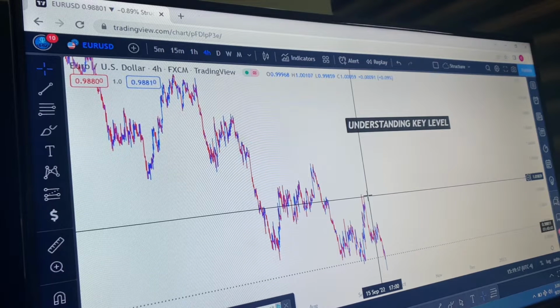I explained market structure the last time, how the markets move. It's still the continuation of it right now. Just like I've told you guys before, all I do in the market is market structure, how the markets move. Then all I do is go ahead with the market, and I don't stress myself, and that's how I make money in the market. I don't get to stress myself at all.